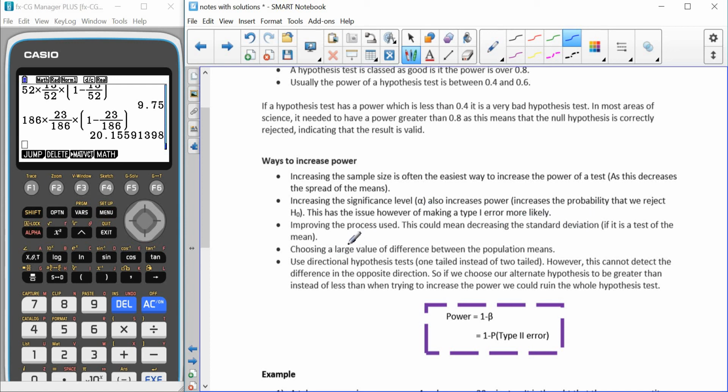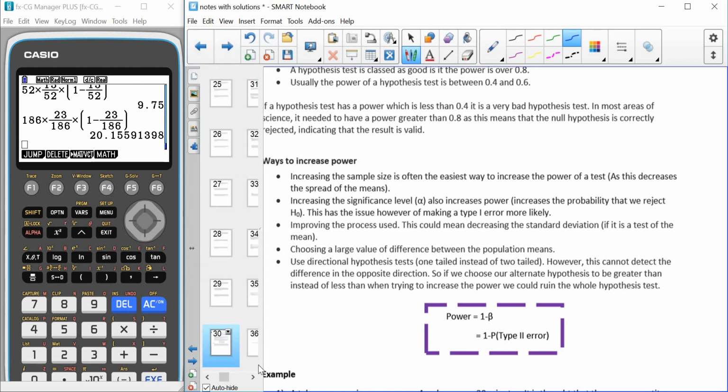We could choose a larger value for the difference between the population means, or we could use a directional hypothesis test. So we could increase the sample size, which would decrease the chance of making a type 1 error, and we could make it a directional hypothesis test, which would increase the power, and it would also decrease the chance of making a type 1 error.